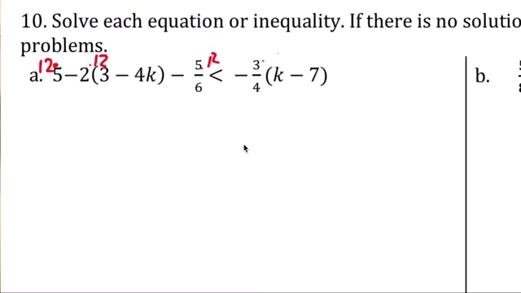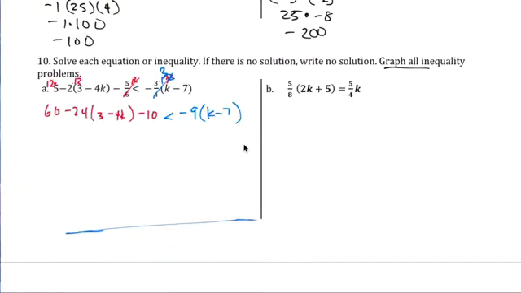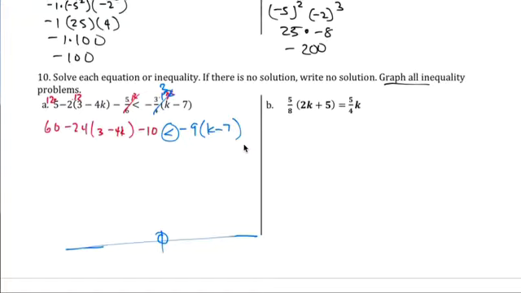That's 60 minus 24, 3 minus 4k, and then that's negative 10, less than 12 is 3, 3 is negative 9, parentheses k minus 7. After you distribute, make sure you draw a number line, and it is an open circle because it's less than. Open, and then graph it in the correct direction.